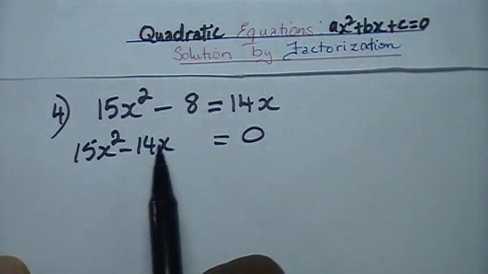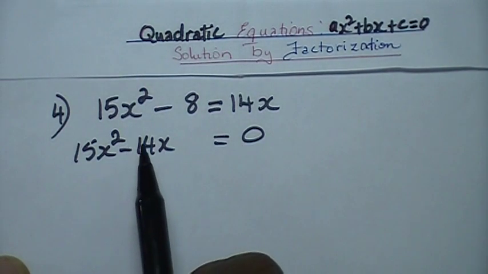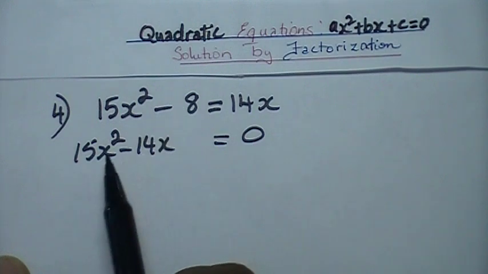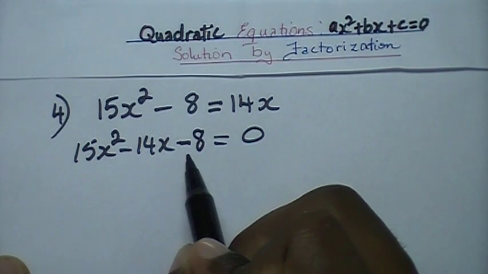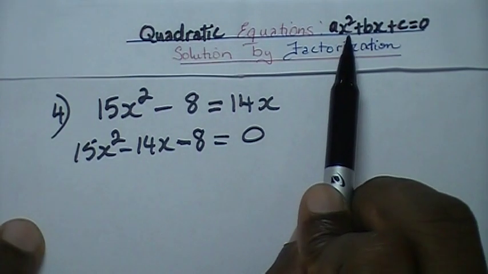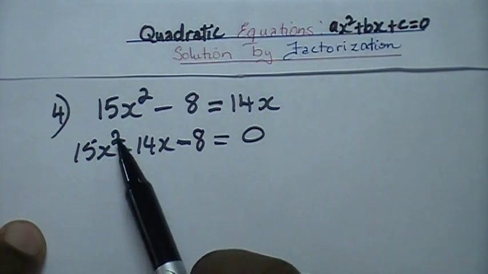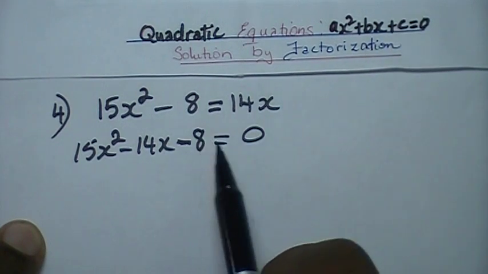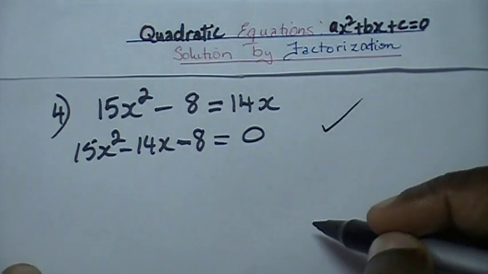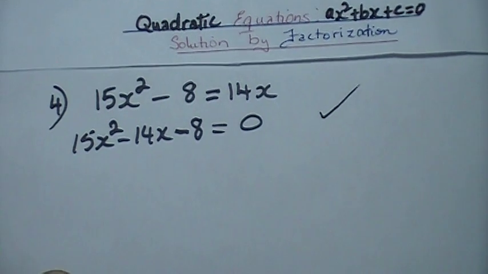So we just subtracted 14x from both sides. And so we have 15x squared minus 14x minus 8, ensuring this is in the proper order: the quadratic term, the linear term, and the constant term. Good. Once it's in the standard form, we can now factorize.